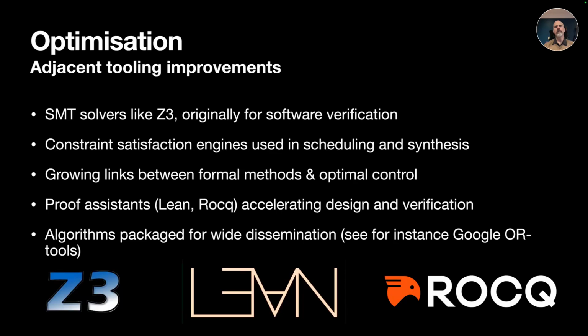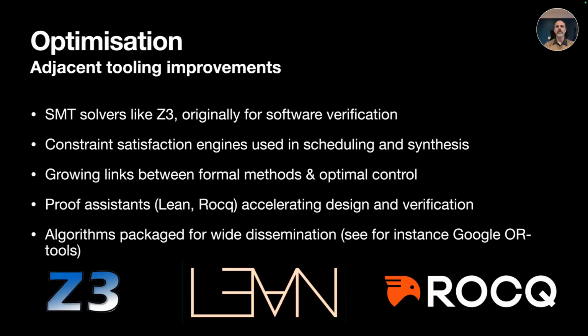Now, there's another link here with the rise of proof assistants. So ironically, although many of our advances have been obtained by neglecting these so-called symbolic AI methods, there is a new resurgence in symbolic AI.